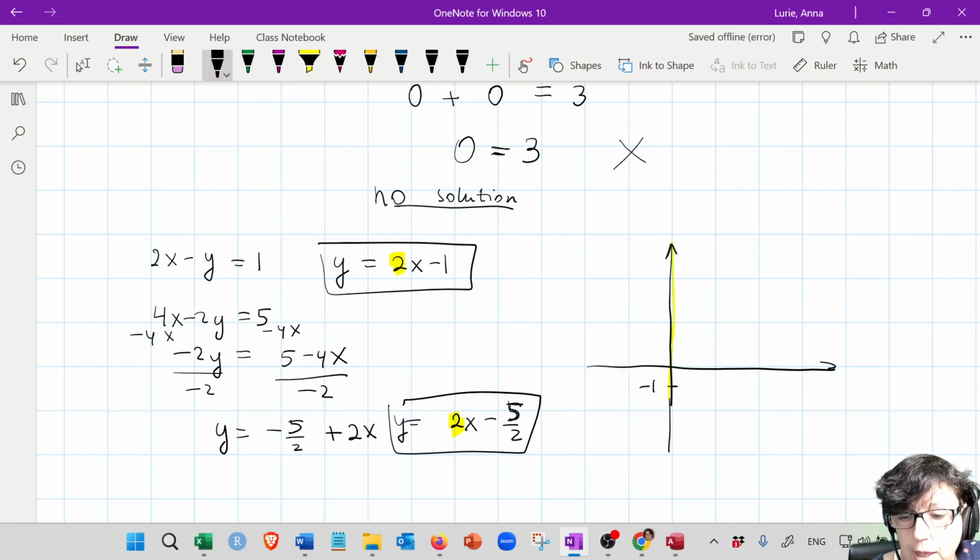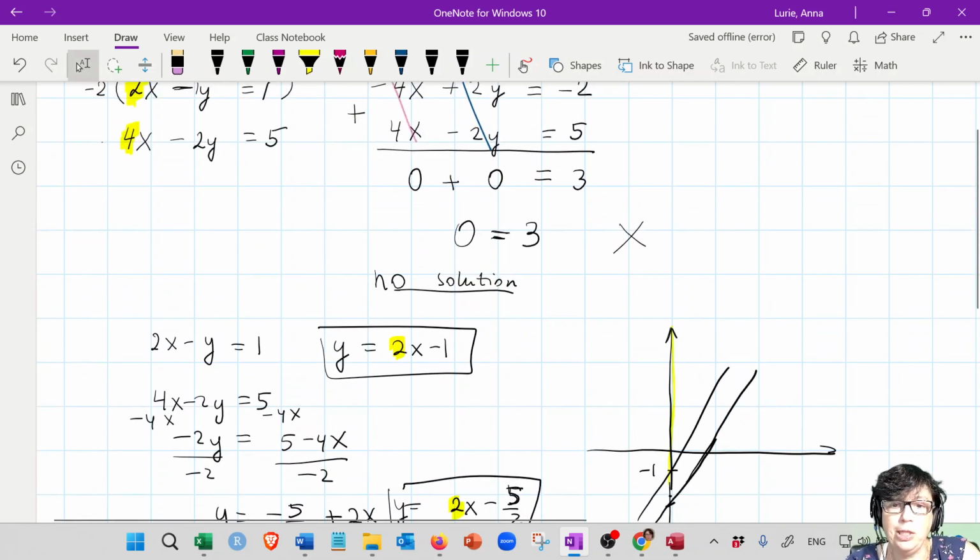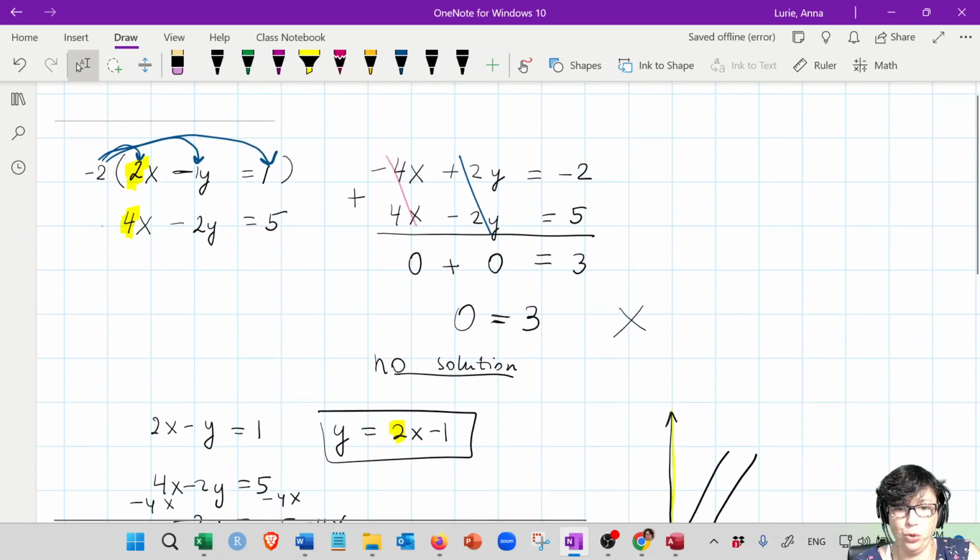So let's say this is negative 1, with a slope of 2, though I don't want to deal with the scale. And the other one intersects at negative 5 halves, so somewhere over here. If you draw a line also with a slope of 2, that's a line that's parallel. So what that means is that these two lines never intersect, and so you have no solution.